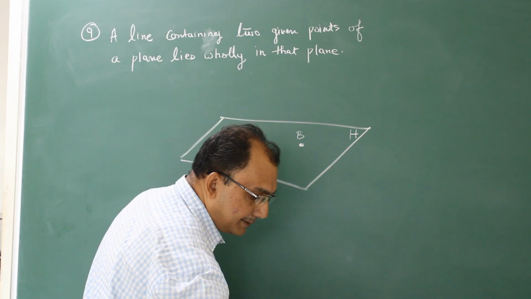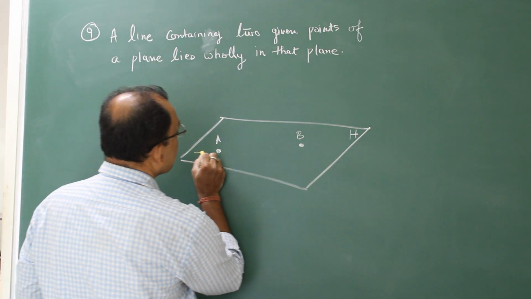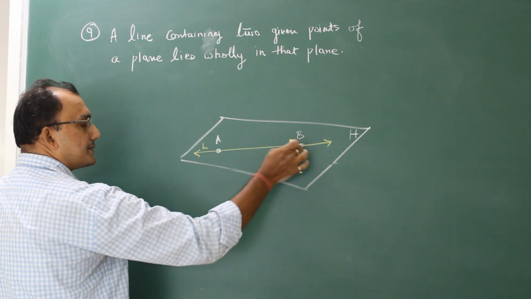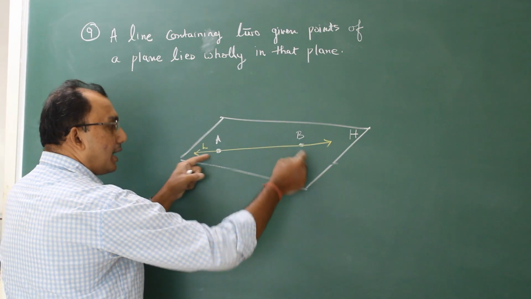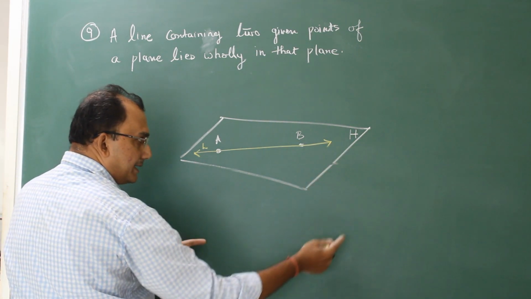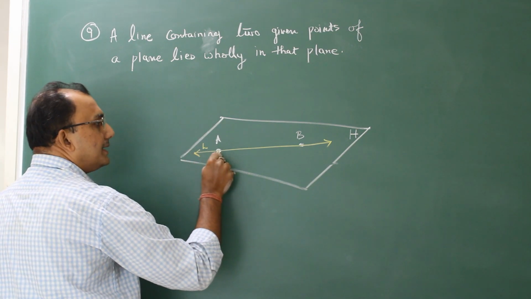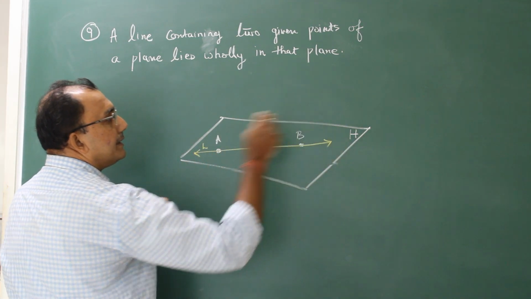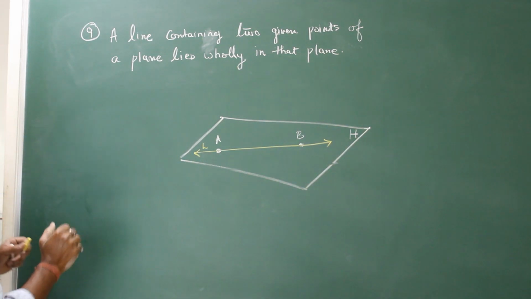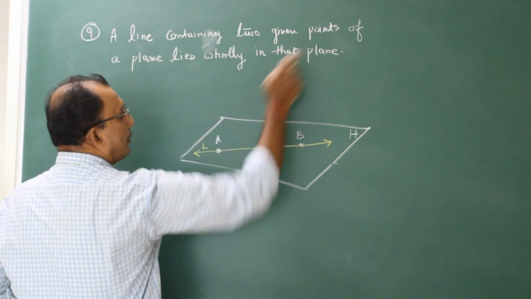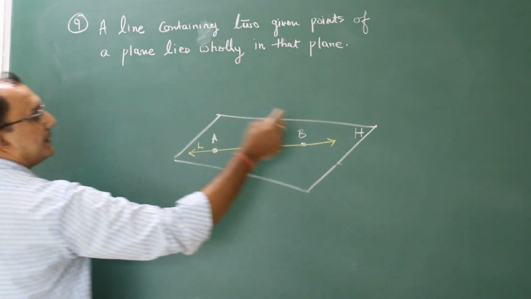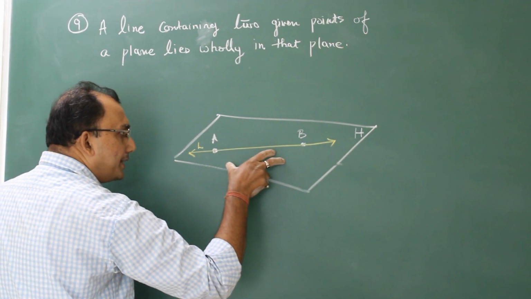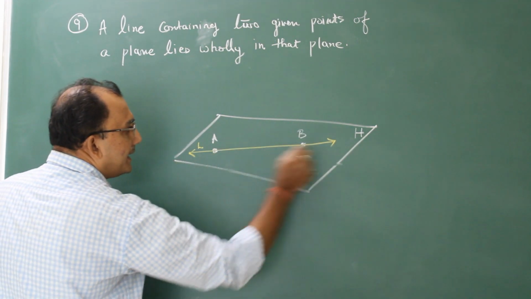So I'll draw a line which contains both these particular points. Since these points are on plane H, in that case, line L which contains both these points must also lie on plane H. So look at the wording: a line containing 2 given points of a plane H. So my points A and B are the points of plane H, and a line is containing them.